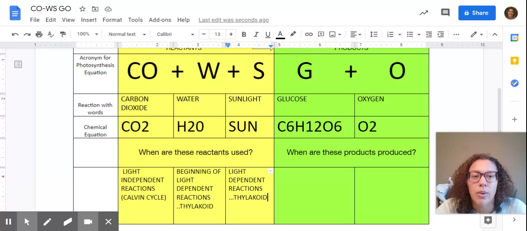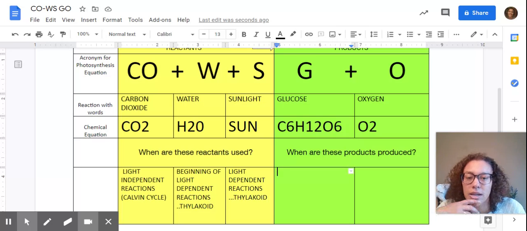It's used right away in the beginning to split water in photosystem 2, and then it's used later in photosystem 1 to re-energize our 2 electrons to drop off their energy. It depends on how specific you want to be. But remember, photosystems are proteins that absorb light energy, so that makes sense that it's used in both photosystems.